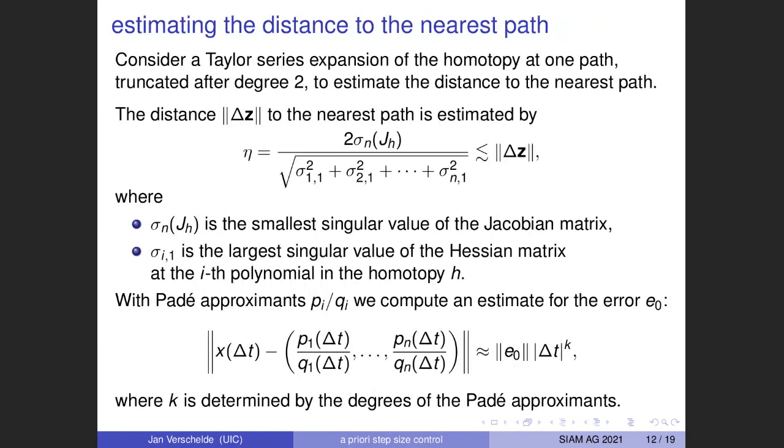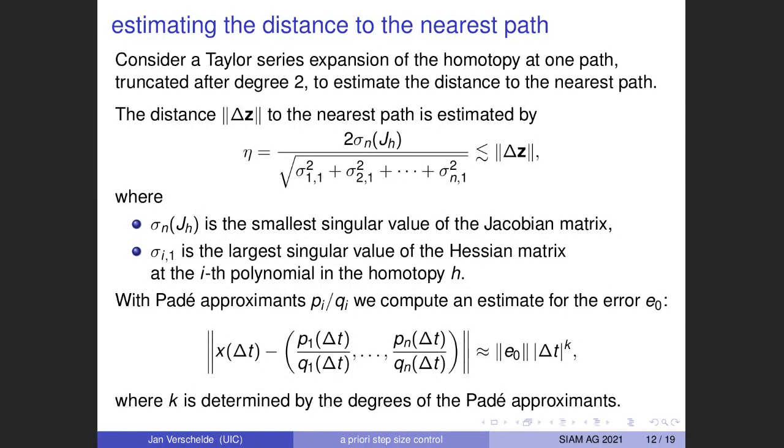All right, and I have now arrived at the most technical slide in my talk. So there is the curvature that also is a concern. And to estimate the curvature, we are going to compute a series truncated after the second degree. So the Hessians of the polynomials come in. With linear algebra transformations, we can derive a bound on the distance to the nearest path.